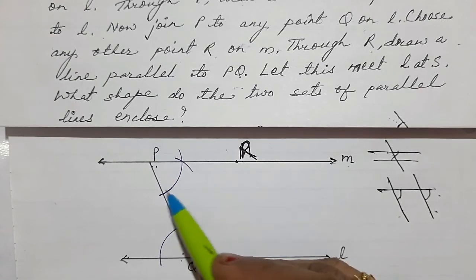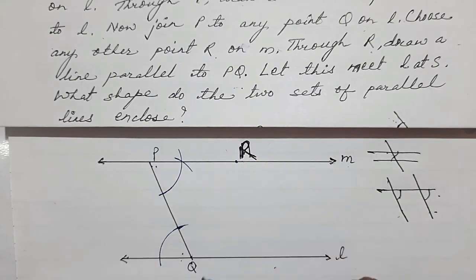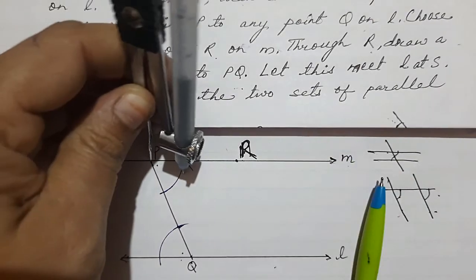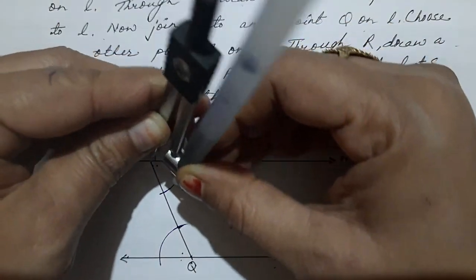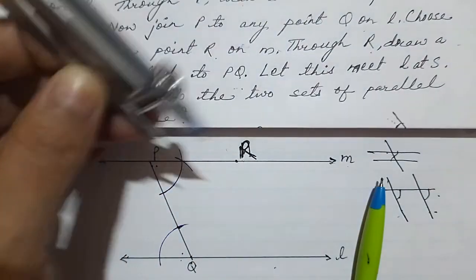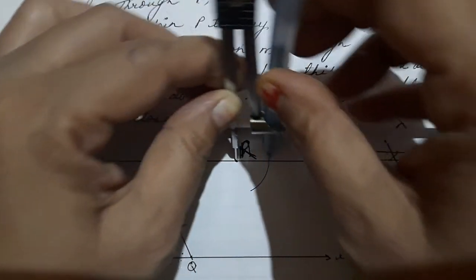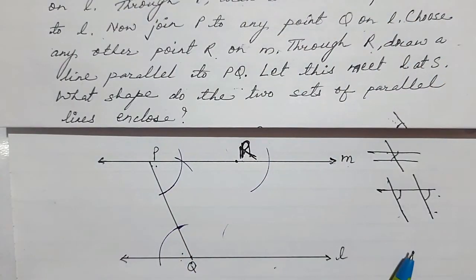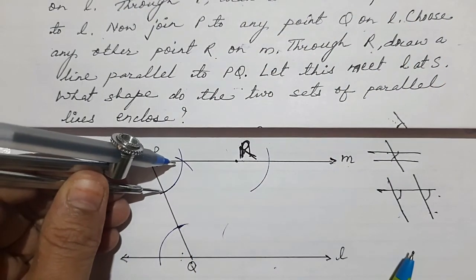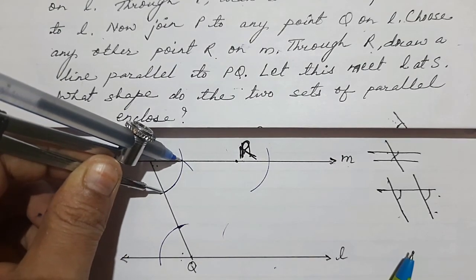So I am trying to make one angle equal to this angle P, RPQ. So if this is my P and I am making an arc equal to this one from R. This is my R. Now I want to make this distance equal. The distance between the 2 points.